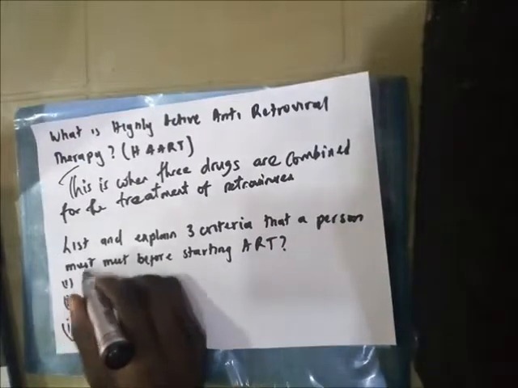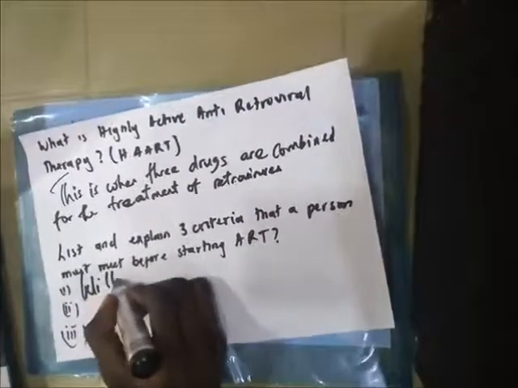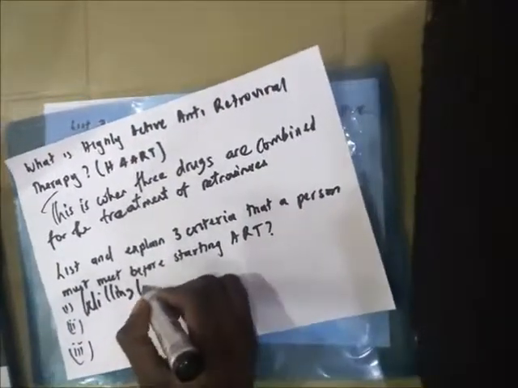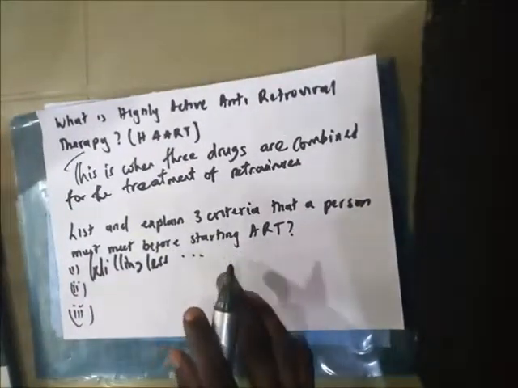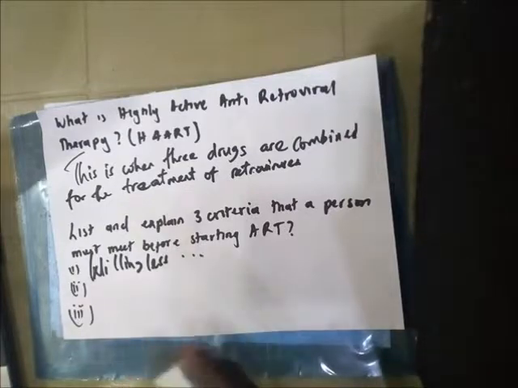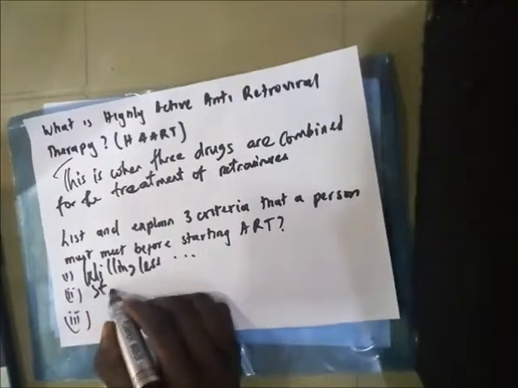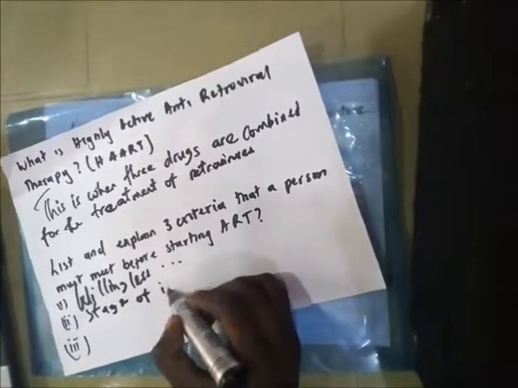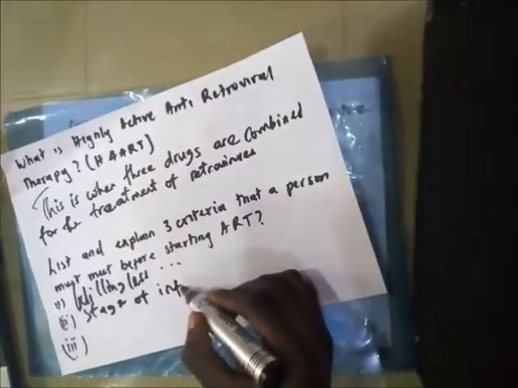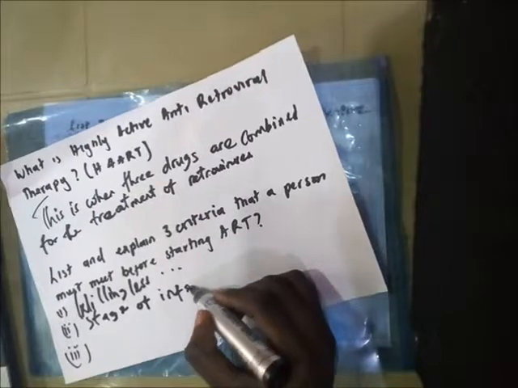The patient must be willing and ready. Number two, the stage of infection also matters. You have to look at the stage of infection of the patient before you start antiretroviral therapy.